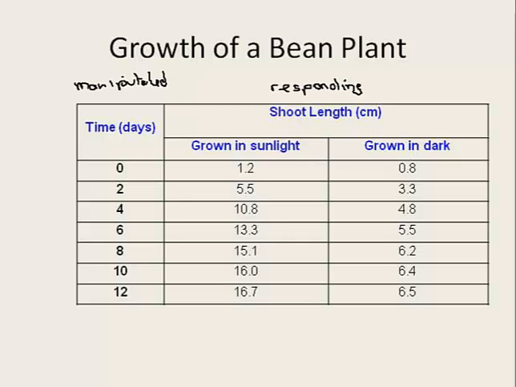We have some plants that were grown in sunlight. This would be our test group. And we have another set of plants that were grown in the dark. This would be our control group, or negative control. Okay, so we need to be able to take this data and use it to draw a line graph.